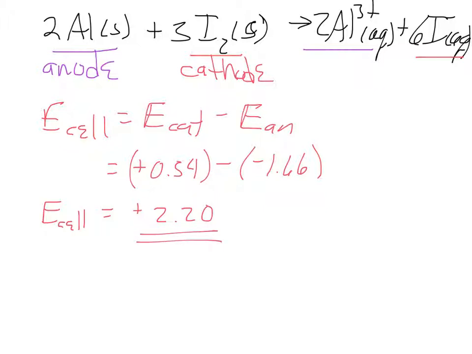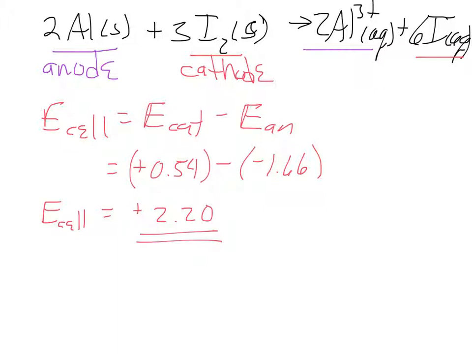Now, if you look at this example, what's the reduction potential for the cathode? It's plus 0.54. And the reduction potential for the anode is negative. So in this case, you recognize that the cathode has a more positive reduction potential. Now go back to the previous problem.